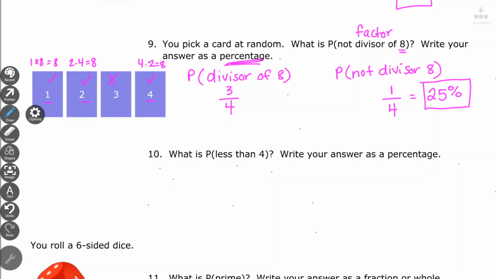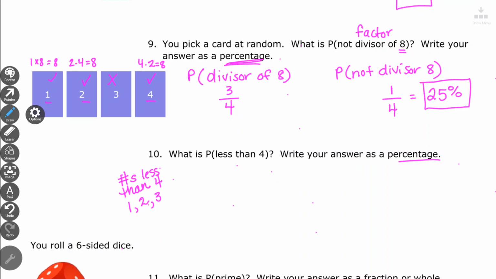What is the probability of picking a card that is less than 4? Write your answer as a percentage. Okay, so we want to know what numbers are less than 4. Is 1 less than 4? Yes. Is 2 less than 4? Yes. Is 3 less than 4? Yes. Is 4 less than 4?